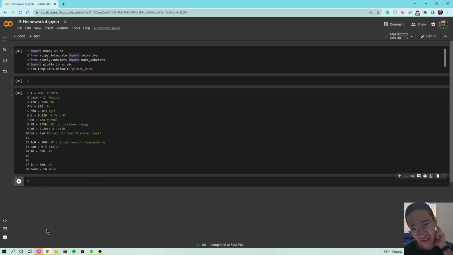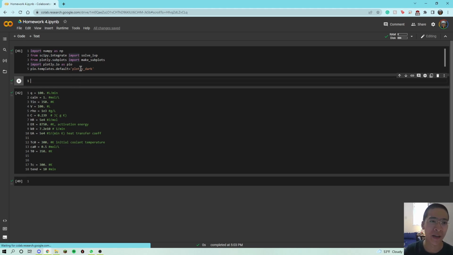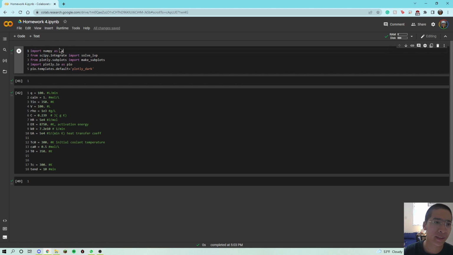Okay, now that we're in Python, let's start the coding portion of this homework. Okay, and you'll see that right now I have my standard imports. We have numpy as always. And for this problem, we want to numerically solve a differential equation. Therefore, we have scipy.integrate solve_ivp, and then we have our plotting imports.